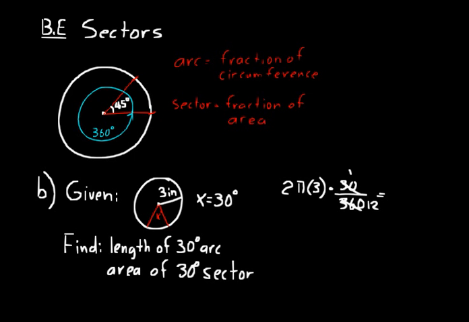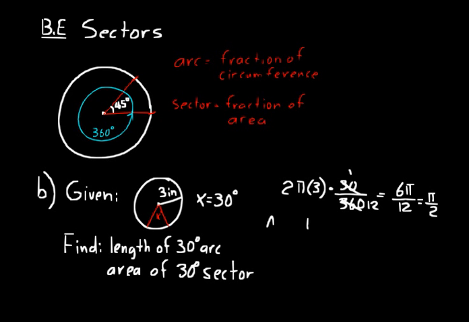Remember, order doesn't matter in multiplication, so we could say 2 times 3 times pi, or 6 pi divided by 12, which is just pi divided by 2. We consider pi to equal 3.14. We can do that on our calculator. 3.14 divided by 2 is 1.57. Or if you can do that in your head faster, then do it in your head.